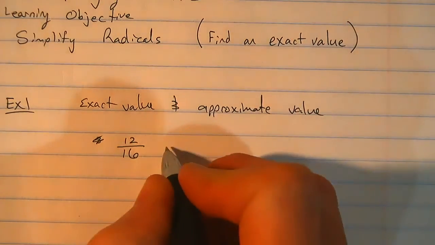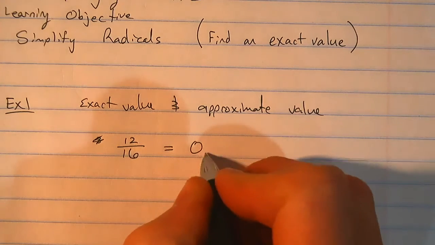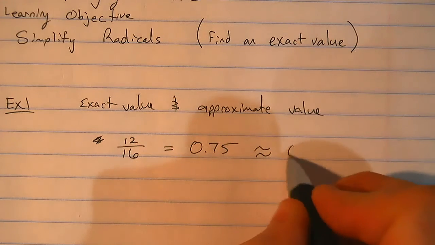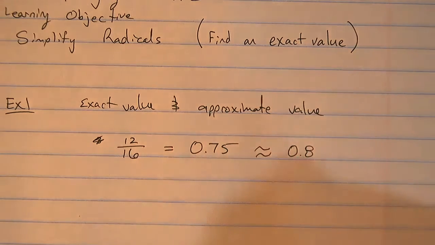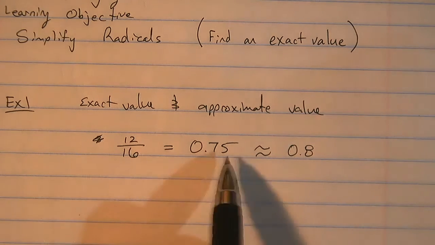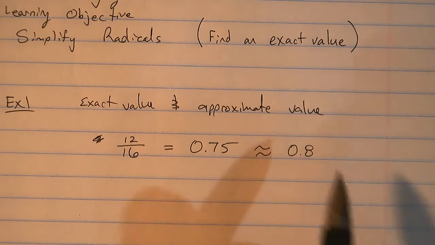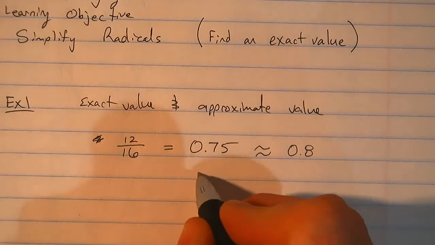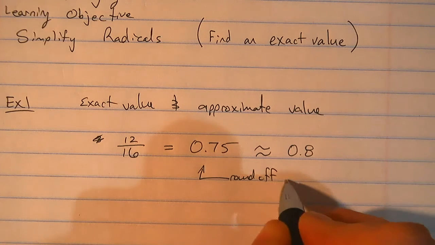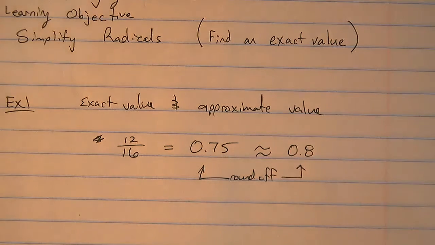So it's true to say that it is exactly equal to 0.75, but it's only approximately equal to something like 0.8 or even like 1.0. Okay, so those things are not the same. These are exactly equal. This is not exactly equal. And so what we're looking at is as soon as I round off, they're not the same anymore.